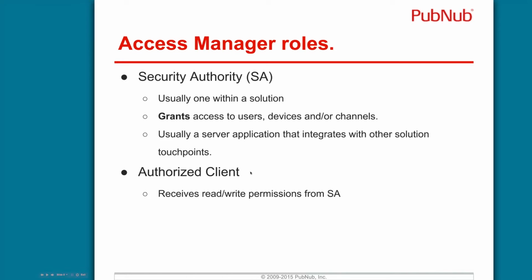And then you have your authorized client. For those of you that are familiar with PubNub and built PubNub solutions in the past, an authorized client is nothing more than a typical PubNub instance that you would instantiate in JavaScript or Node or whatever your platform is. The difference being with the authorized client, you're usually going to pass an auth key.